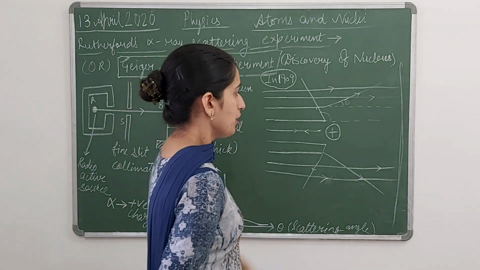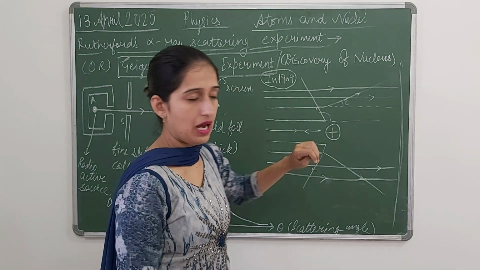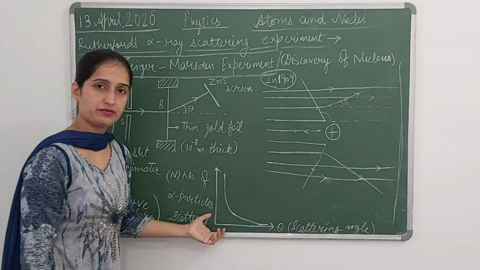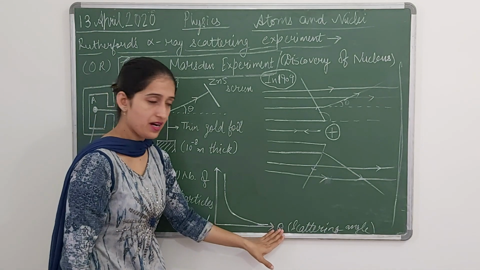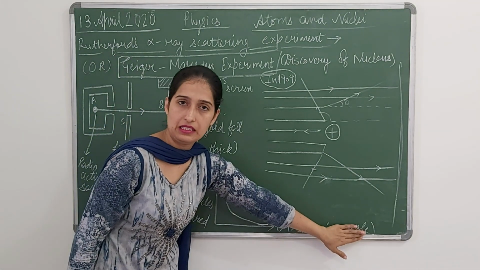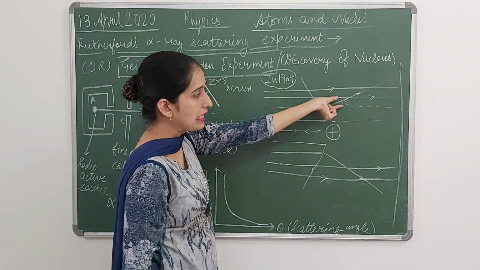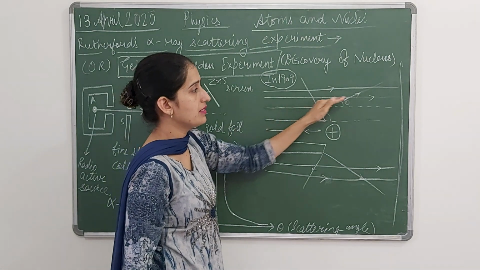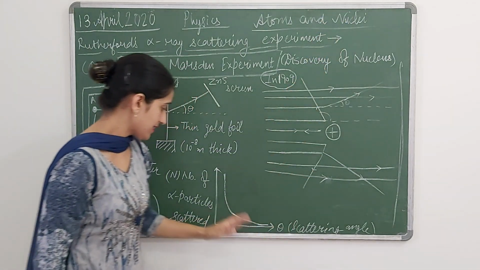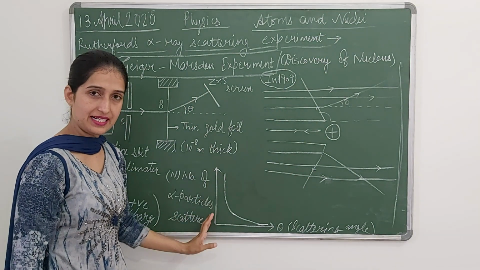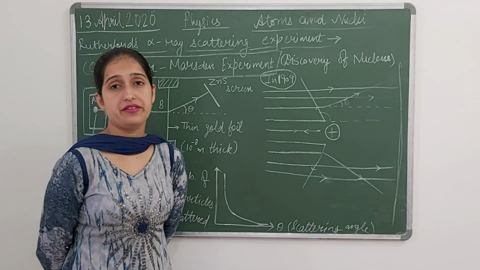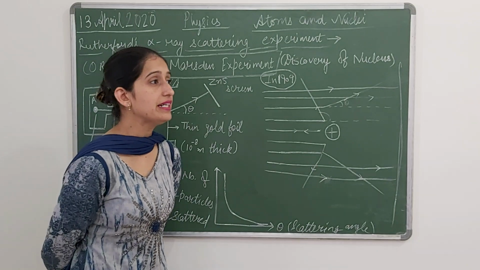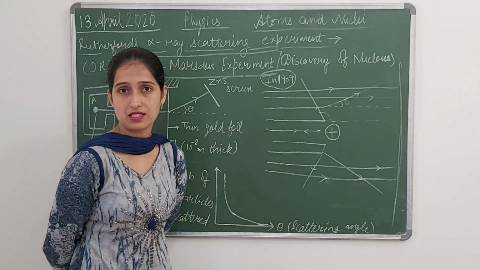So using these observations, I am drawing a graph. On the x-axis, I am representing theta, that is the scattering angle, by how much angle the alpha particle is scattering. And on the y-axis, we have the number of alpha particles scattered. Suppose we are having 10,000 alpha particles.